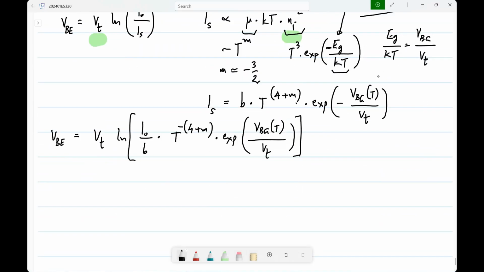So now, if I expand this out, the first term I would just put it as VBG of T, and then you have this is some constant, right? And then I want to get this right.